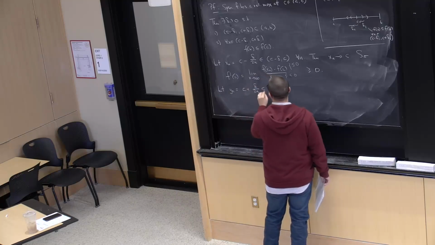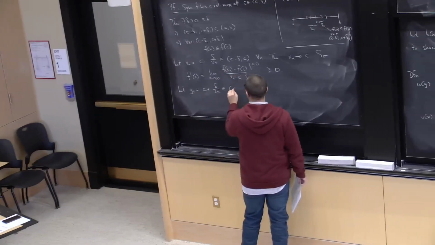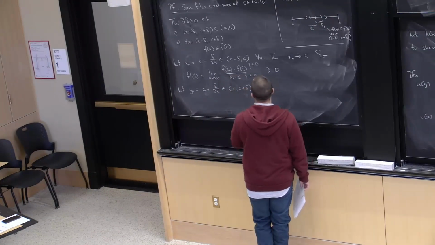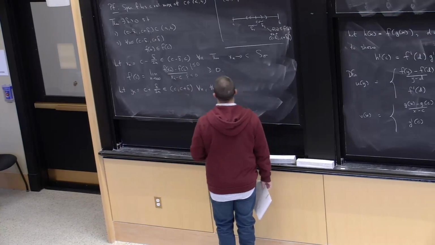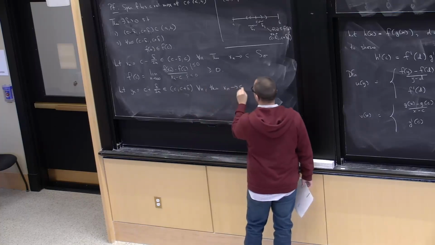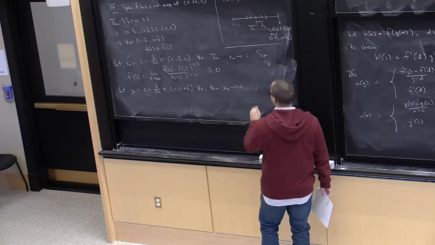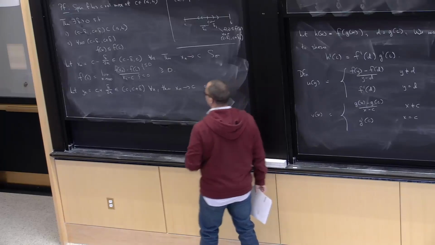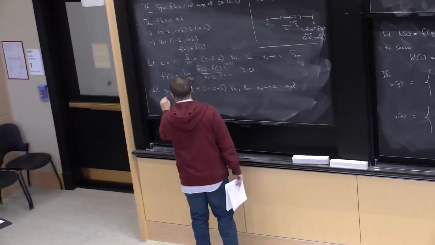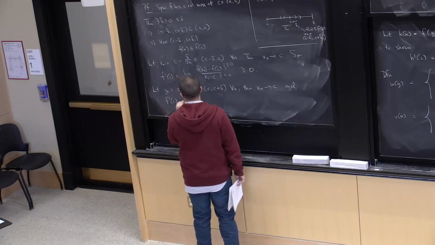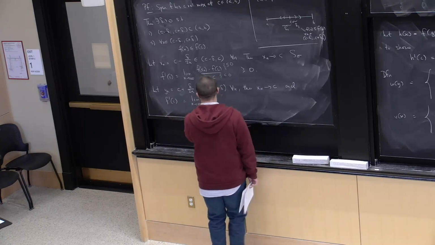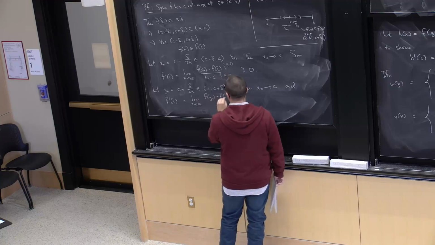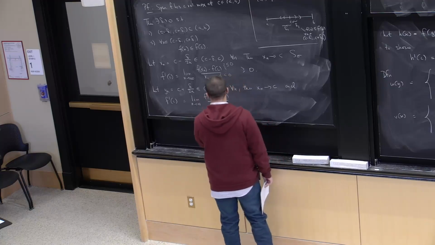delta over 2n, which is contained in c plus delta for all n, then y sub n converges to c. And if we look at f prime of c, again, this is equal to the limit as n goes to infinity of f of y sub n minus f of c over y sub n minus c.